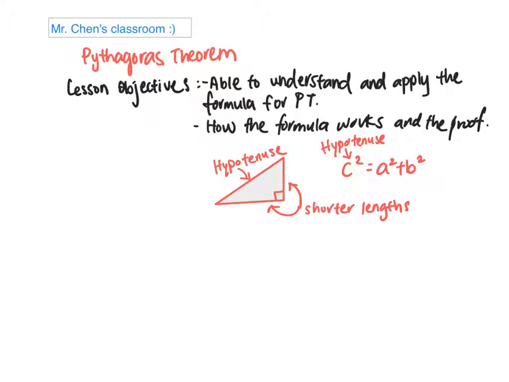So the other two will be the other two shoulder lengths. So a and b are the shoulder lengths. If I'm going to write it, it will be something like this. I'm going to draw a new right angle triangle.